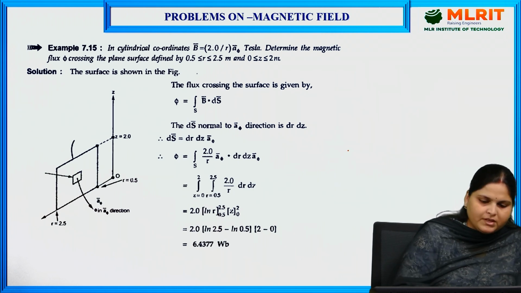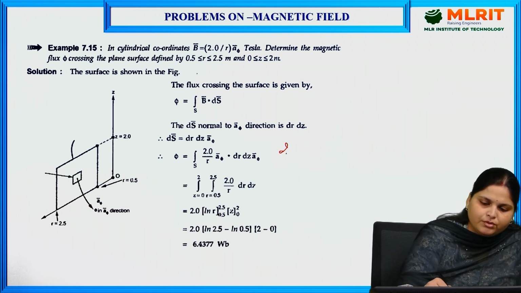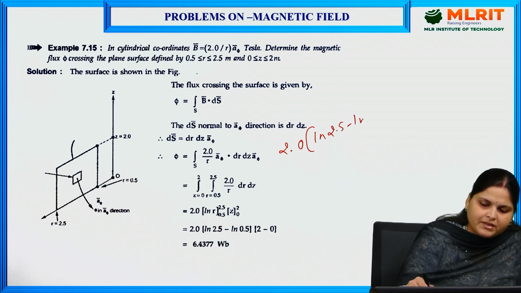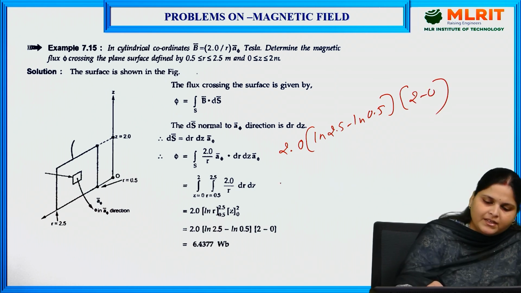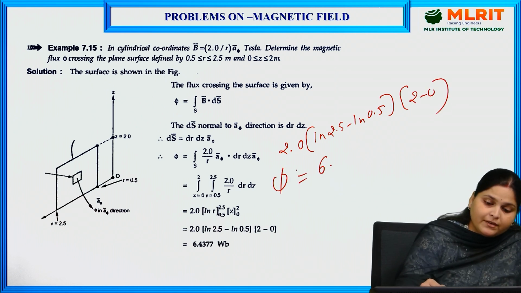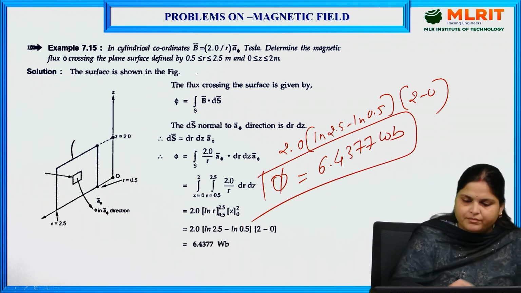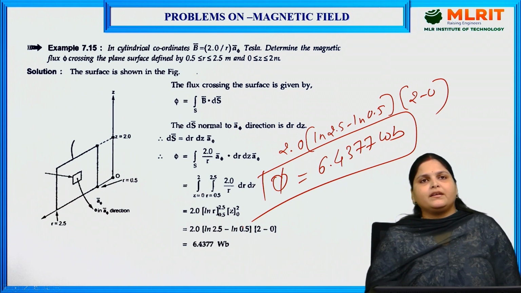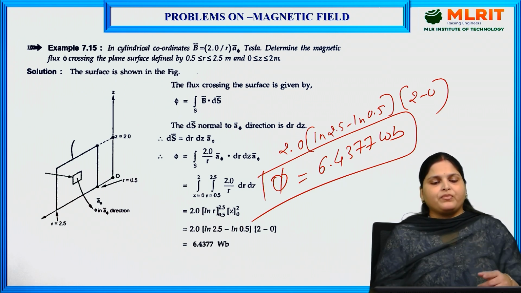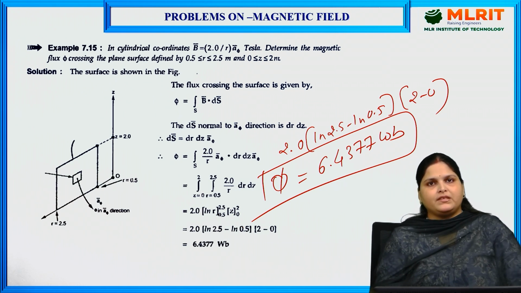So on further solving we will get 2.0 (ln 2.5 minus ln 0.5) times (2 minus 0), and ultimately on further solving we will get flux as 6.4377 Weber. That is how we can calculate the flux which is crossing this particular surface.